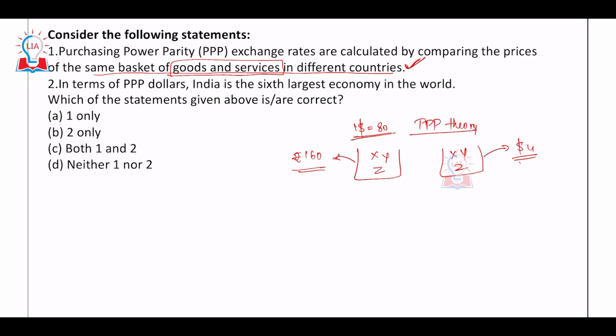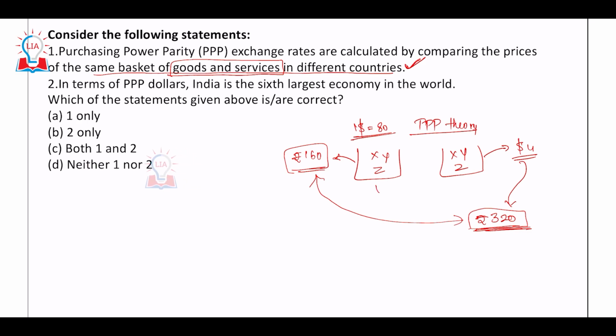So it would essentially mean $4 would be 320 rupees. Right? It only means that 160 rupees in India will be able to buy 320 rupees worth of items in the US. Okay. So 160 rupees here is equivalent to 320 rupees in the US. So that is your PPP theory.